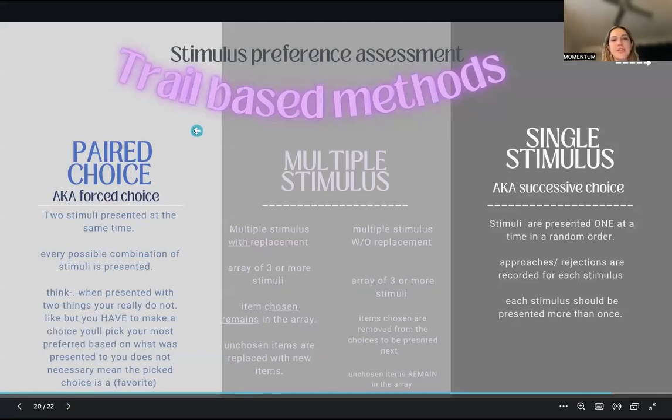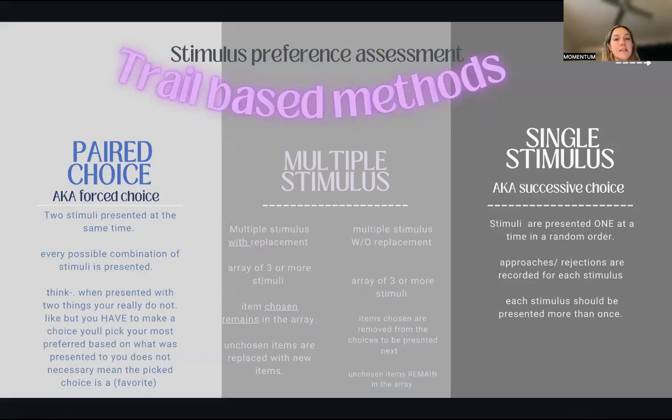Next, we have trial-based methods of stimulus preference assessments. We have paired choice, multiple stimulus, and single stimulus, also known as successive choice. And then paired choice is also known as forced choice. Sorry, that was kind of like a tongue twister for me. So paired choice, aka forced choice, we have 2 stimuli presented at the same time.